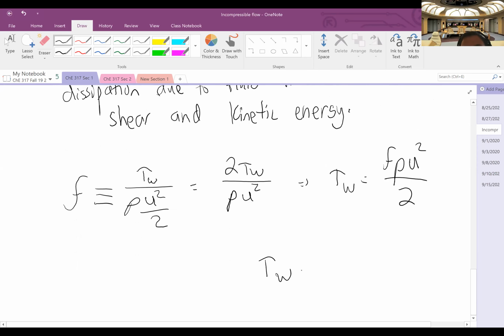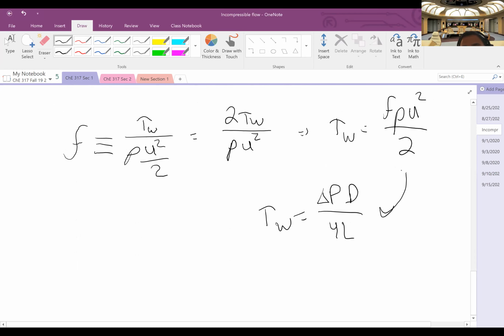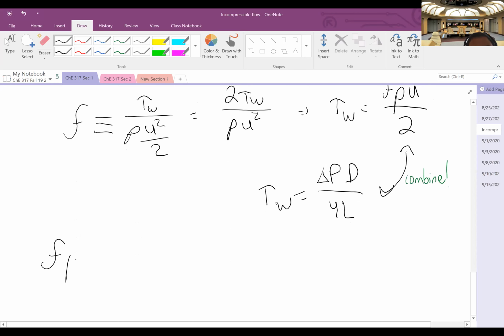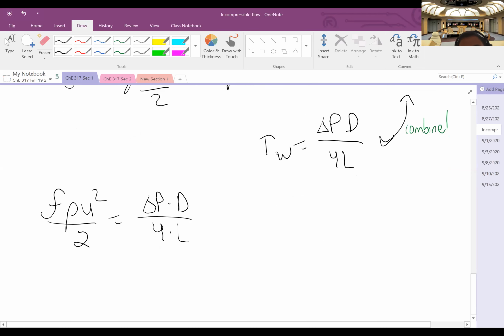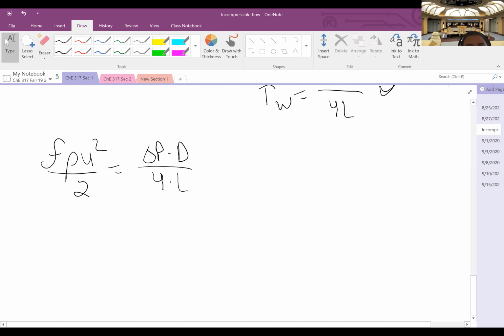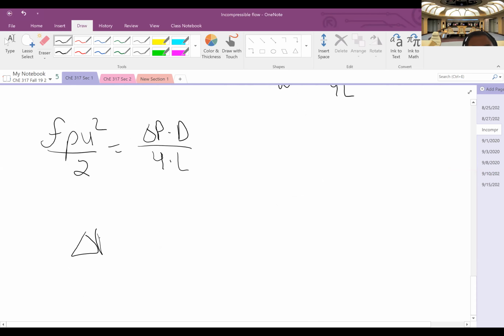And knowing that shear stress is also the change in pressure times diameter divided by 4 times the flow length, if I combine these two expressions, what I'm left with is the friction factor times density velocity squared over 2 equals the change in pressure in our system times the flow diameter divided by 4 times the pipe length. Which means if I want to solve for pressure drop now, what I'm left with is 2 times the friction factor times the density times velocity squared times the flow length over diameter.